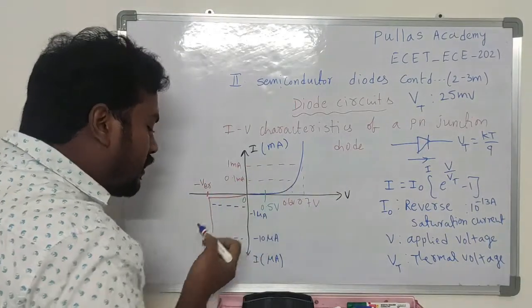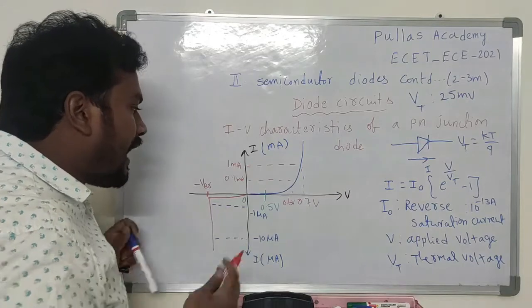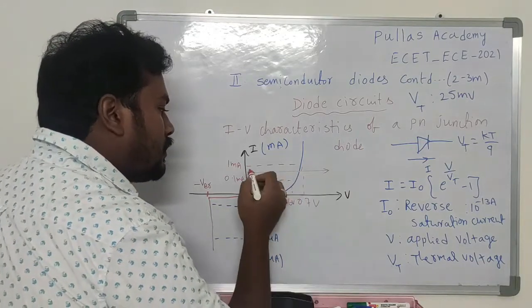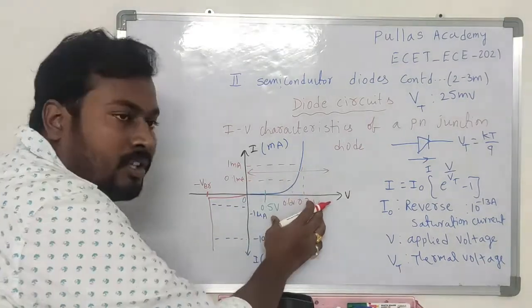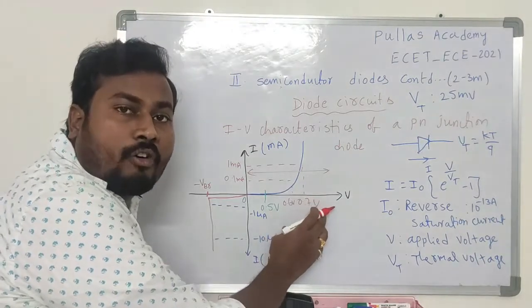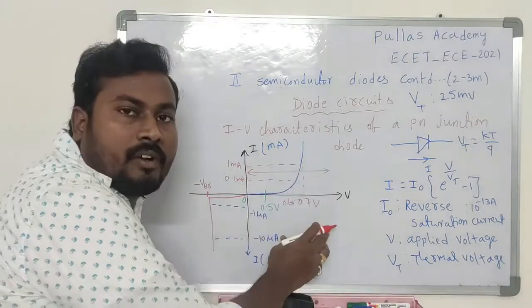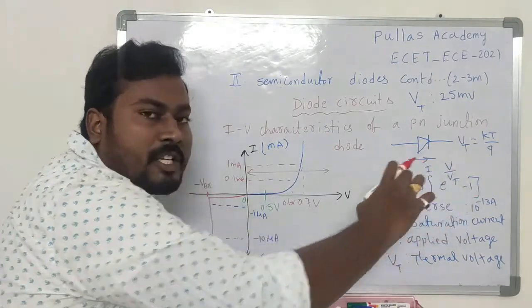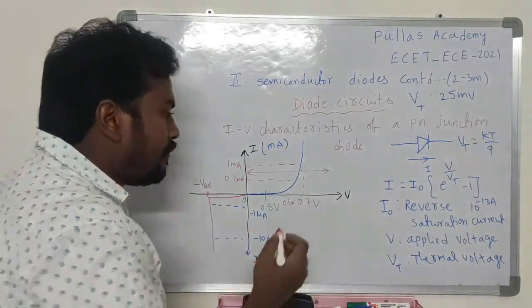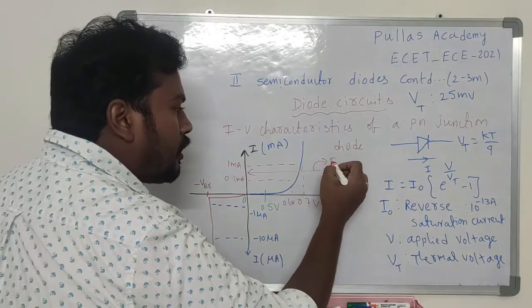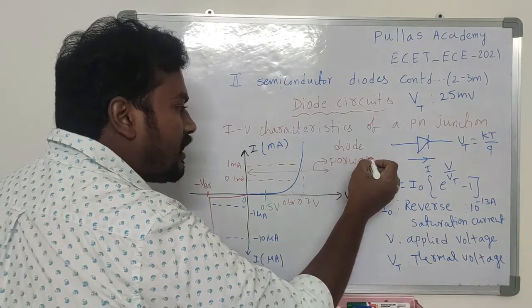When the diode is under forward bias, it exhibits the exponential nature of the curve and has an exponential expression for the current. So this region is the forward bias region.